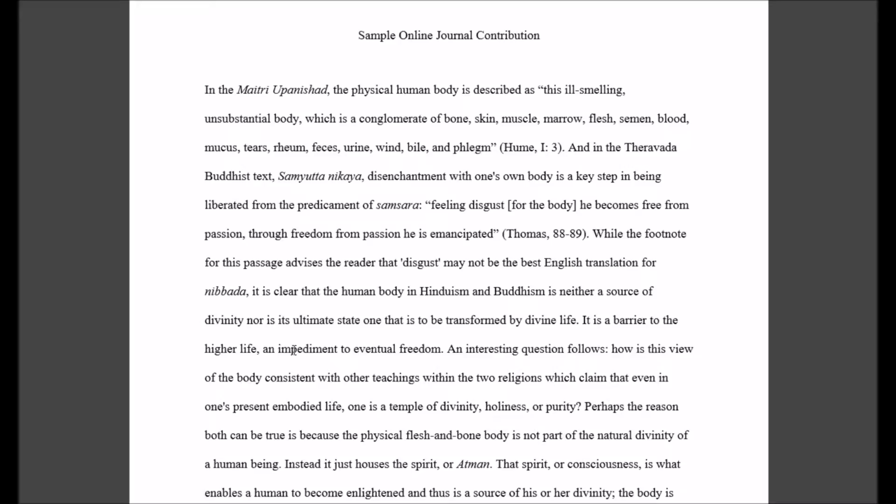What will happen to the body? Nor is its ultimate state one that is to be transformed by divine life. So the divine life is that emancipation, that freedom from samsara, from passion. Okay, so the human being is being transformed by that divine life, but the body is not. So the body is not part of that picture of divine transformation. That's the claim there. Very, very good.